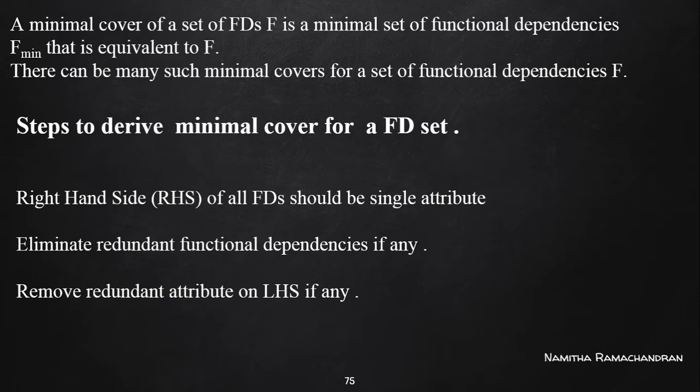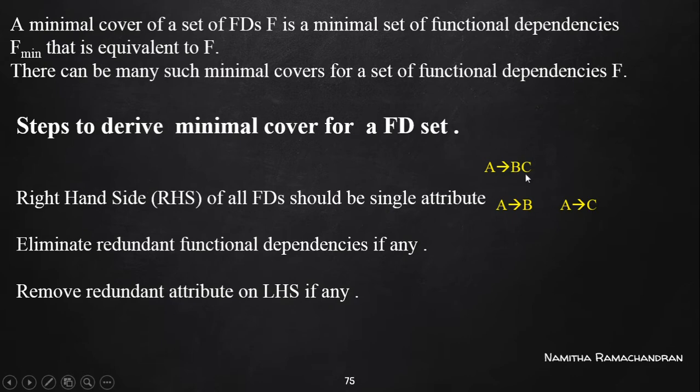So next, we can consider the steps to find the minimal cover of a functional dependency set. The first step is to ensure that the RHS part of all the functional dependencies contains a single attribute. Means you are provided with a set of dependencies. We can call that set F. And suppose that F contains a particular dependency like this: A implies BC.